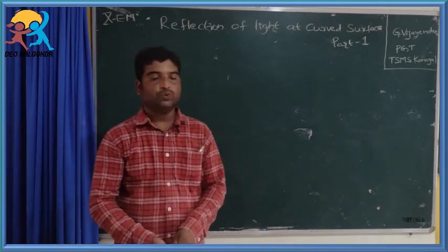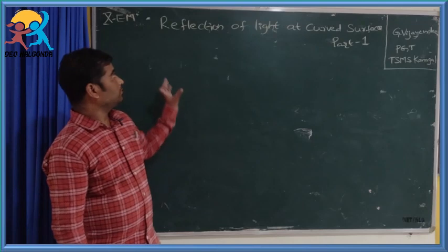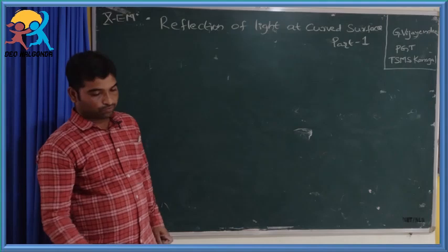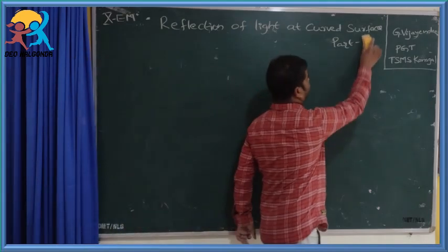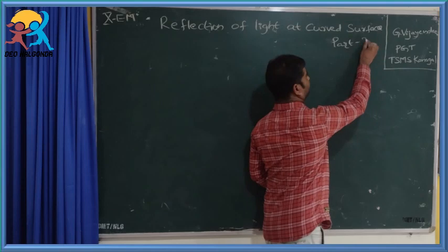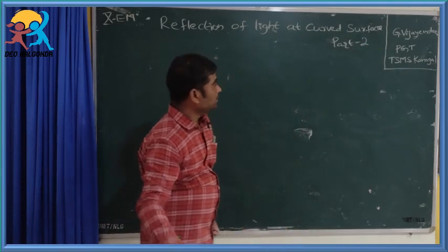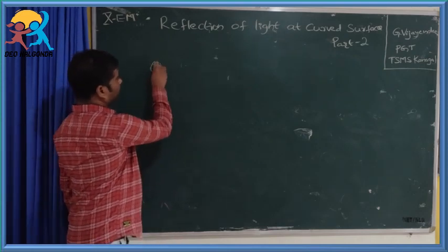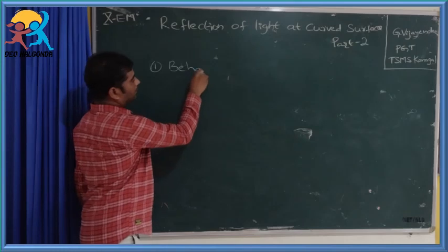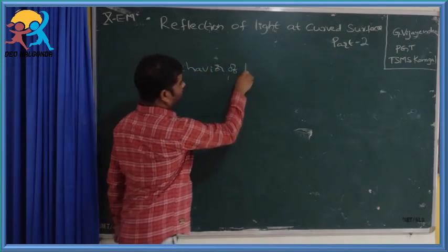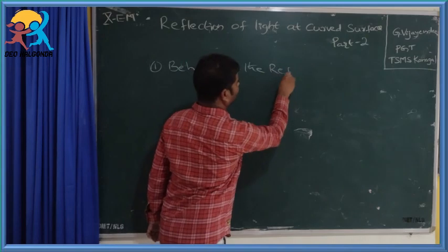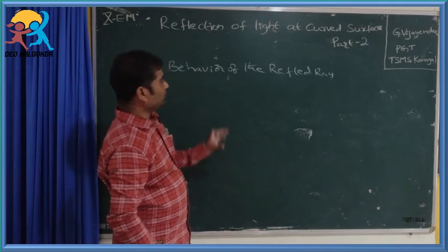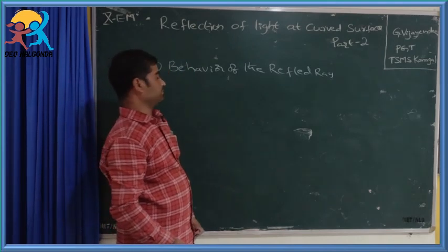Welcome to the DUO online classes. Now in this video we are going to see the reflection of light at curved surface, part 2. In this part 2 we are going to see the behavior of the reflected rays on concave surface and convex surfaces.